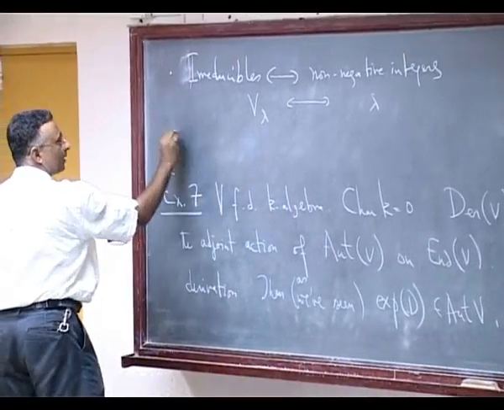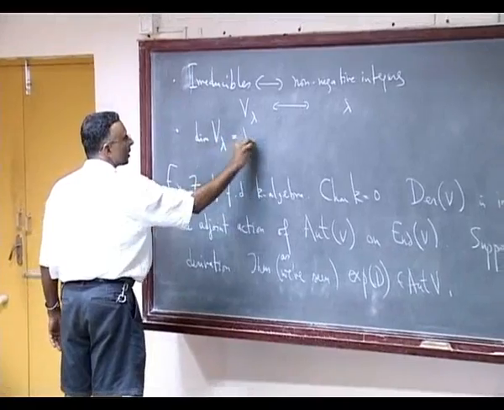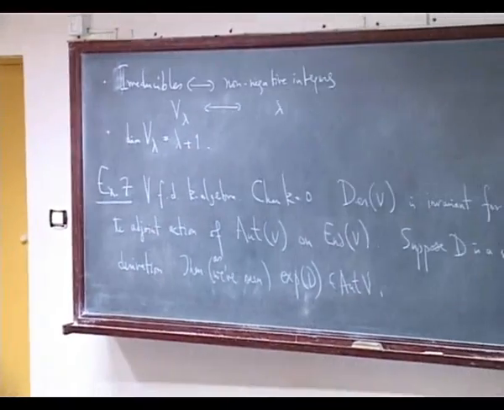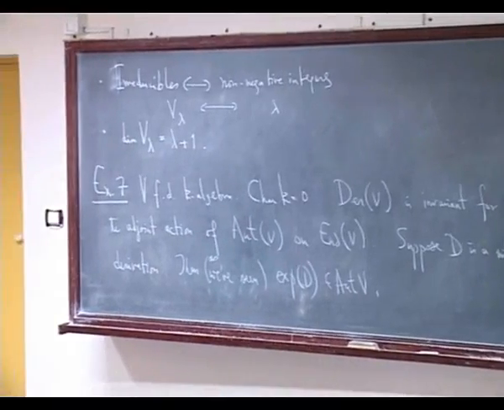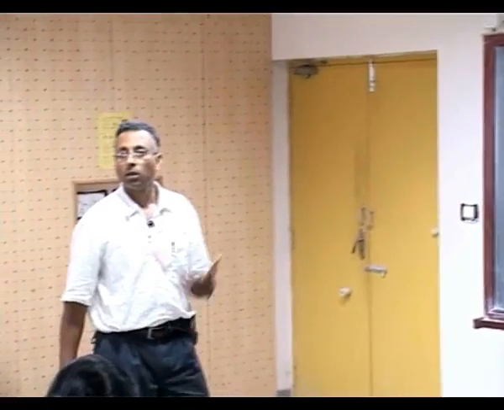And finally, I had said that the dimension of V lambda will turn out to be lambda plus 1. So, for example, when lambda is 0, the dimension of V0 is 1.